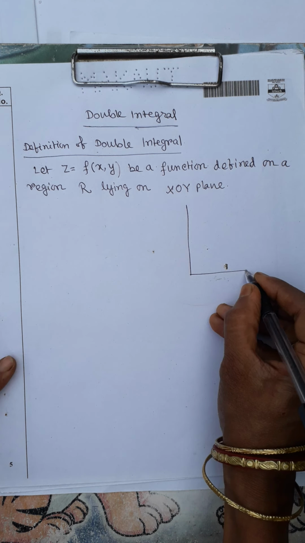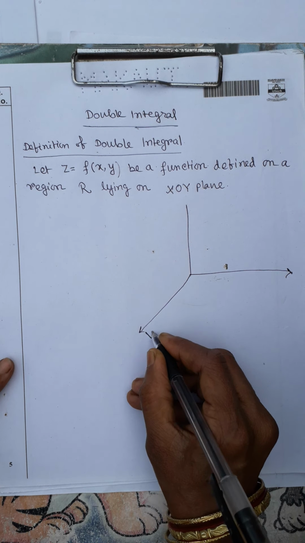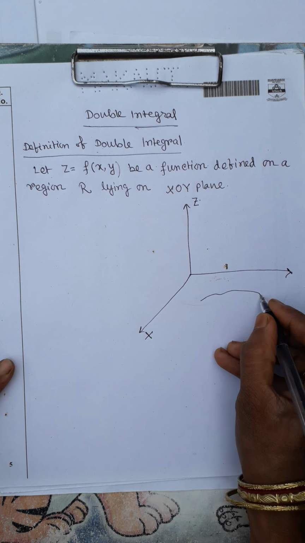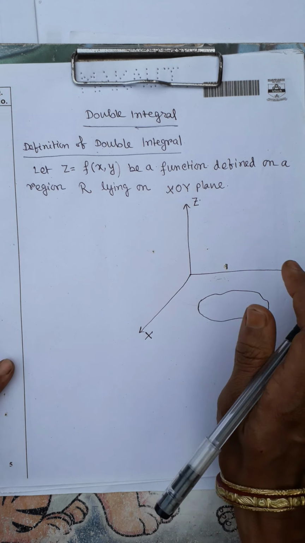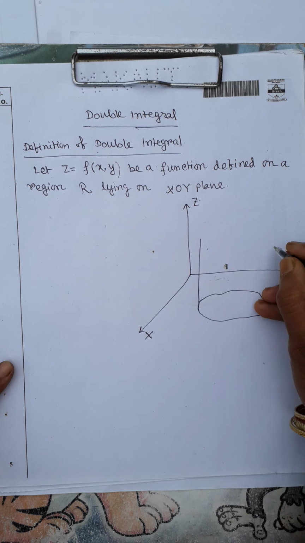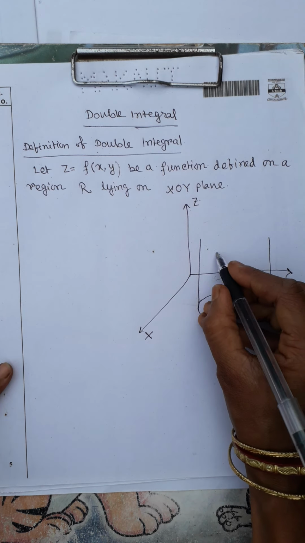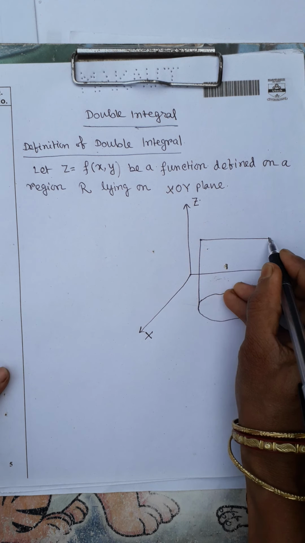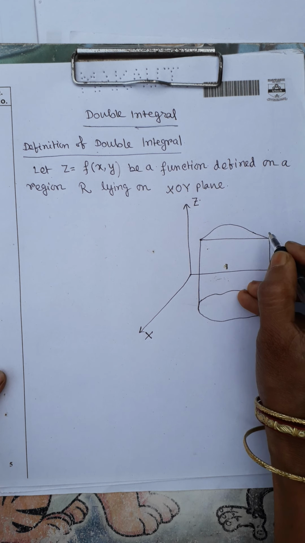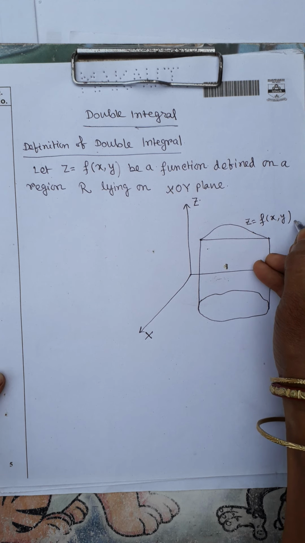We draw the figure. This is our region. This is the function z equals f(x,y).